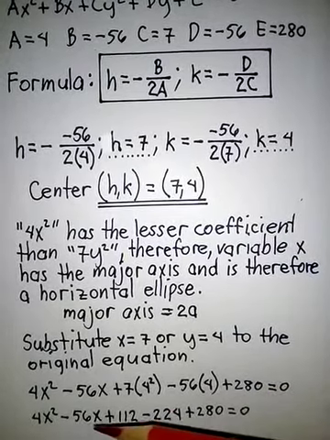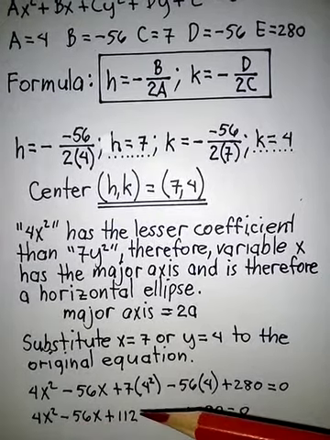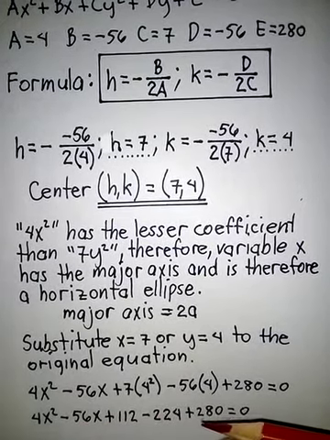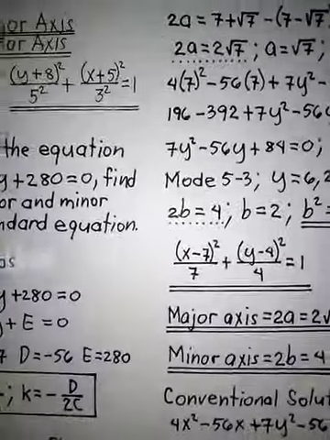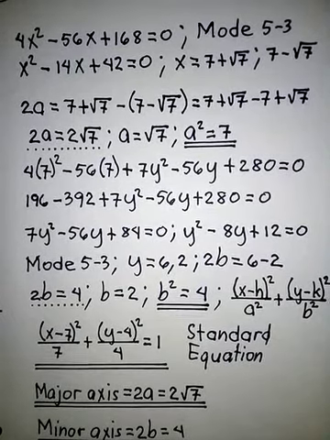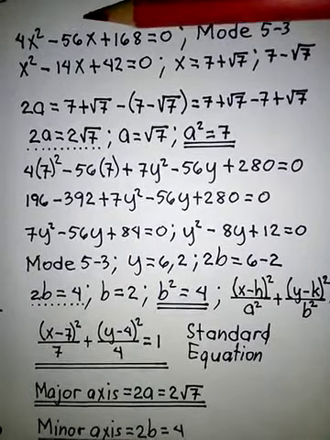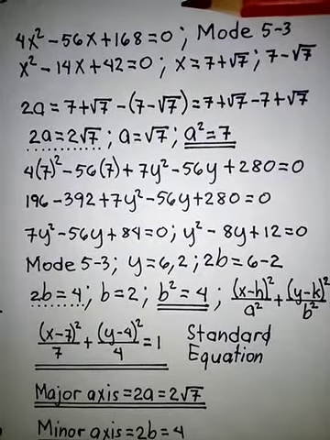Simplifying this, we have 4x squared minus 56x plus 112 minus 224 plus 280 is equal to 0. Simplifying now, we have 4x squared minus 56x plus 168 is equal to 0.